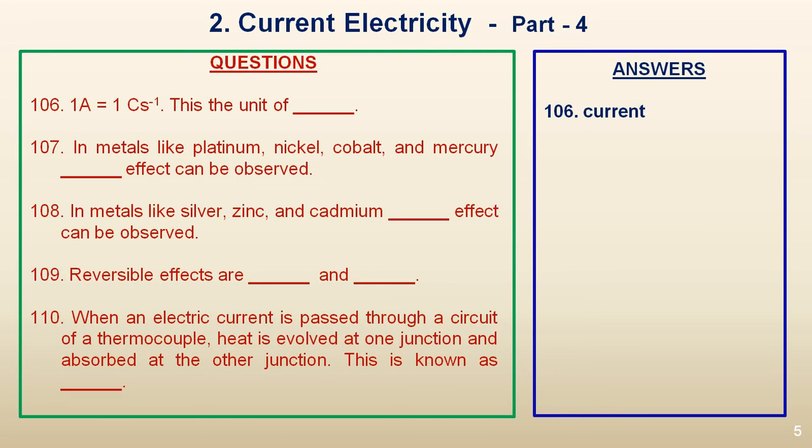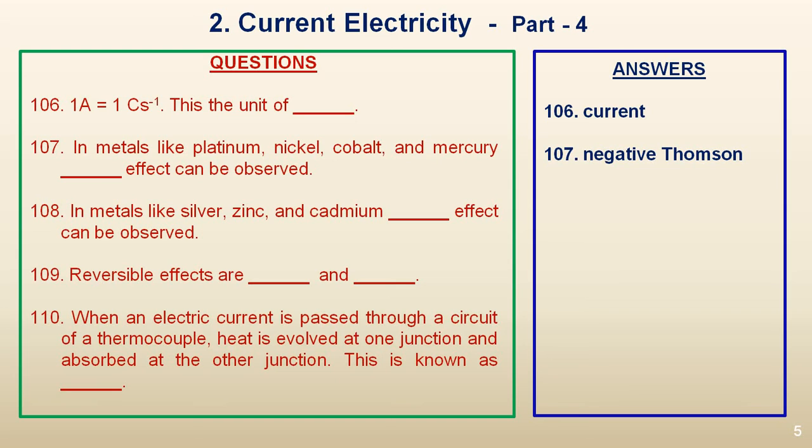In metals like platinum, nickel, cobalt and mercury, negative Thomson effect can be observed. Question number 108. In metals like silver, zinc and cadmium, dash effect can be observed. Positive Thomson effect can be observed.